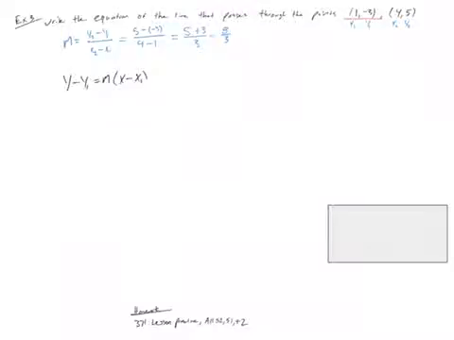So here we go, y minus negative 3 is equal to 8 over 3 times the quantity of x minus 1. Again, this 8 over 3 came from right here, that's the slope that we found. This negative 3 came from right here. This 1 came from right here. So make sure that you understand how to plug that in.